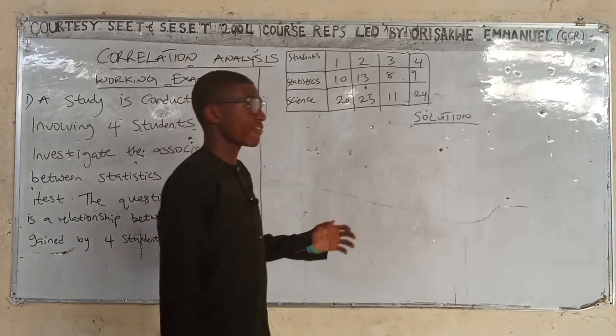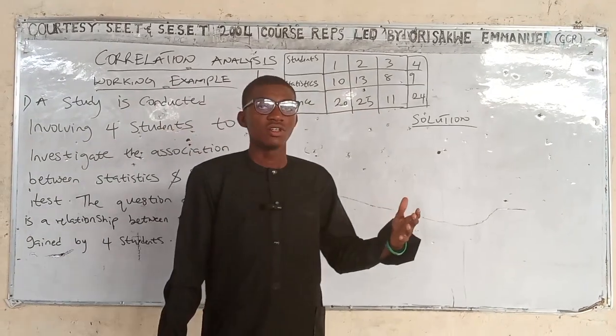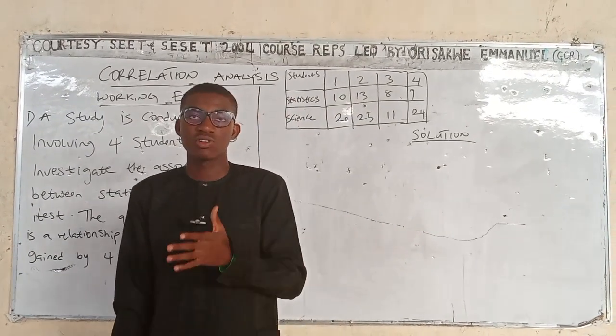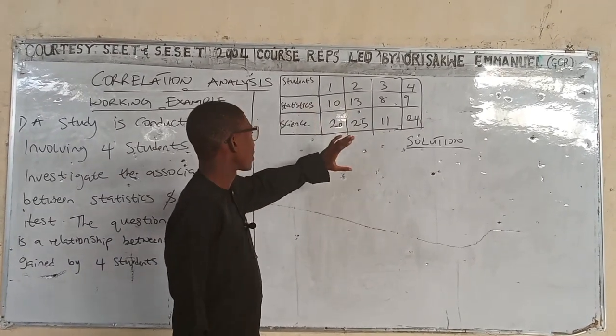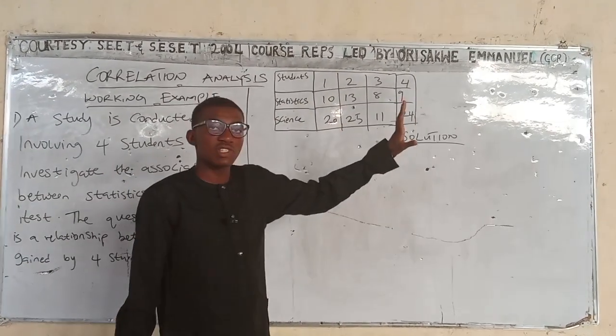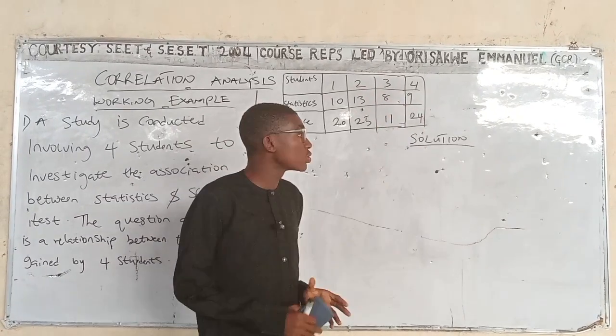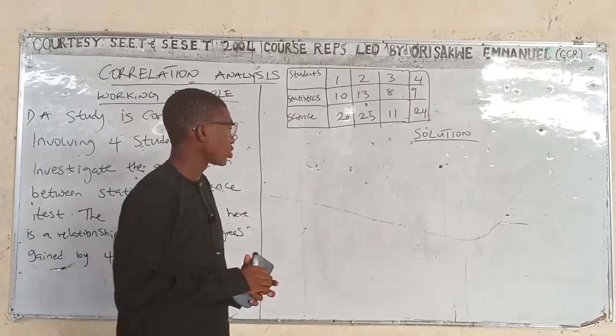First thing to do is to identify if it's a Pearson correlation coefficient or a Spearman's correlation coefficient. From this question, there was no ranking, so it's obviously a Pearson's correlation coefficient. So we use the formula for a Pearson correlation coefficient.